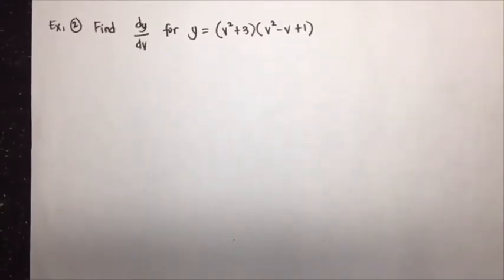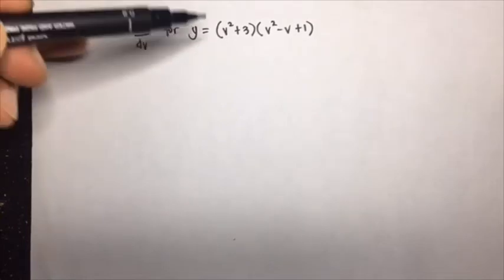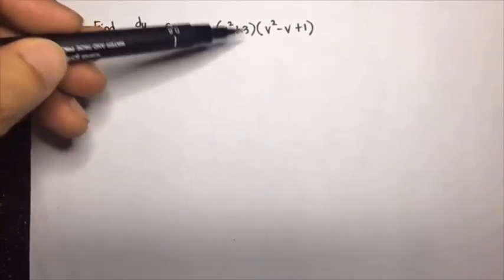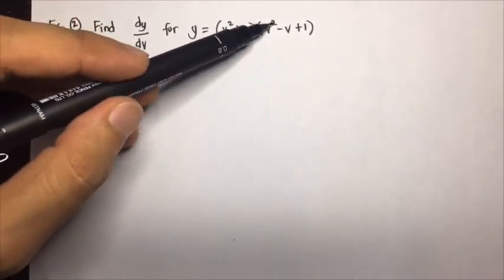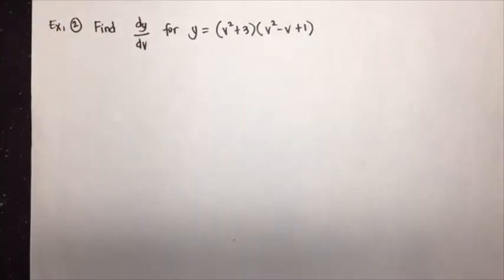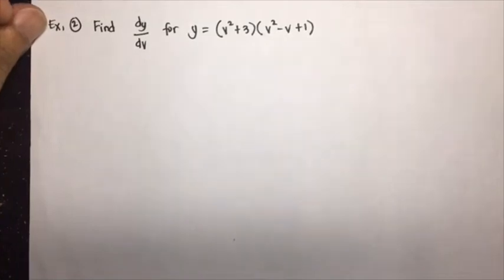Okay, so for our next example, find dy over dv for y is equal to the quantity v squared plus 3 multiplied by the quantity v squared minus v plus 1. Okay, so for this problem, obviously we will be using the derivative of a product.